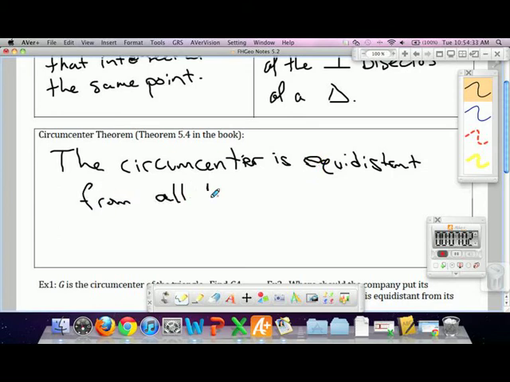The circumcenter is the same distance from all 3 vertices of your triangle. No matter how you draw the triangle, no matter what's going on, the circumcenter is always the same distance from the 3 vertices.